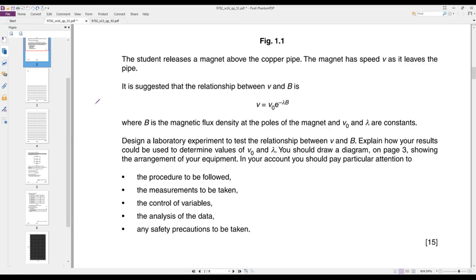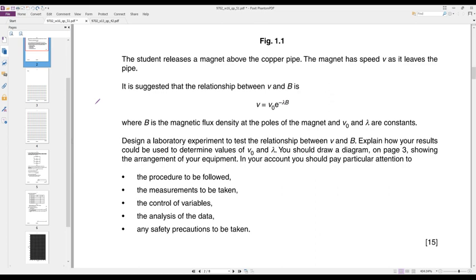So they've given us 5 points here: procedure to be followed, measurements to be taken, control variables, analysis, safety precautions. Right, so that's an interesting mismatch. Their 5 points don't match up particularly well with the points in the mark scheme, but they'll do.